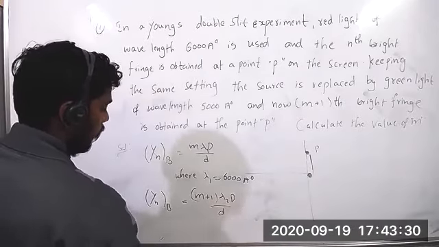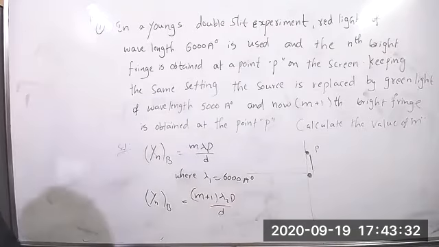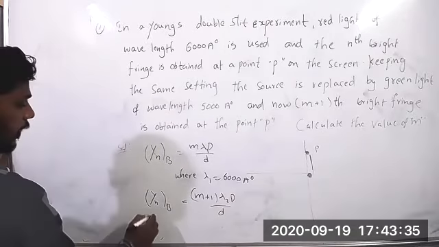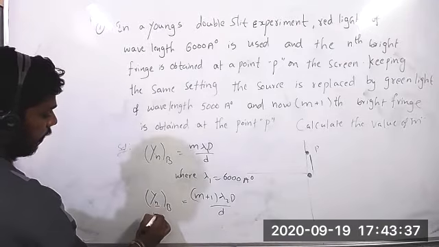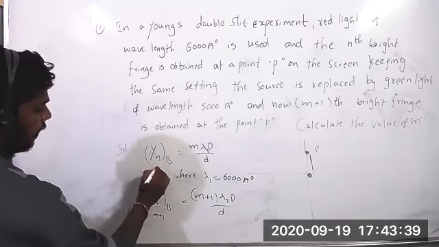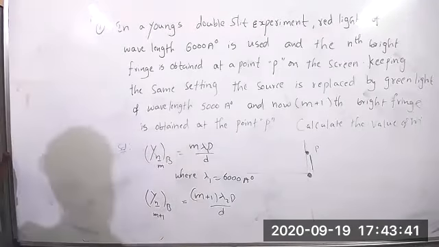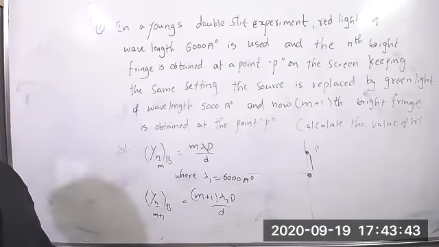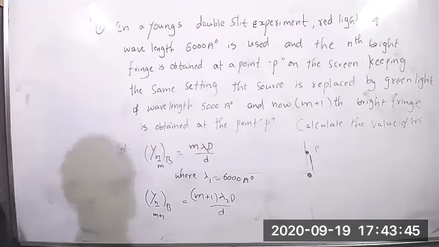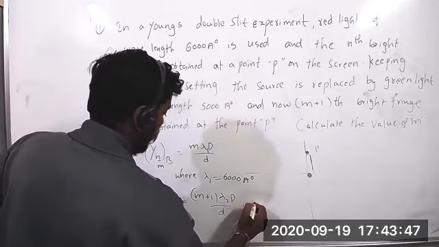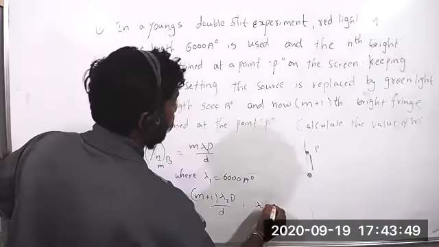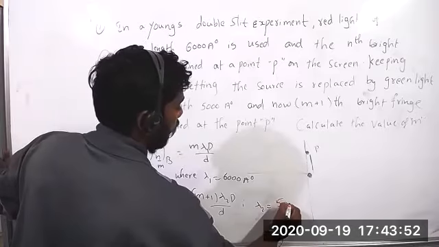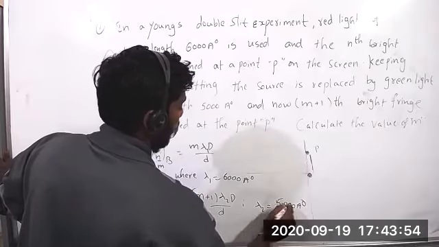Here n is nothing but m plus 1, and here n is nothing but m, since lambda 2 equals 5000 angstroms.